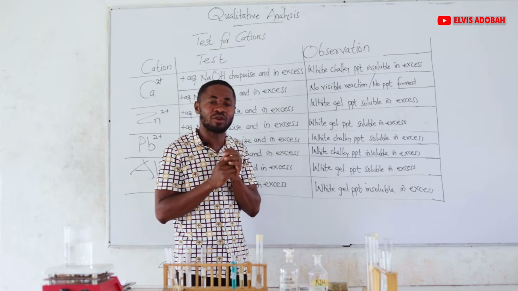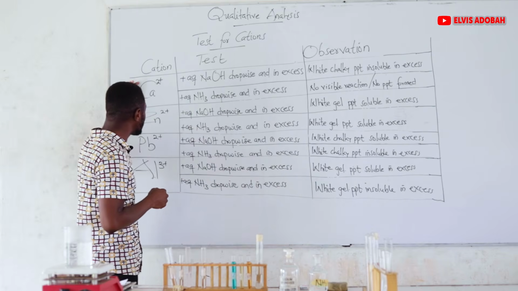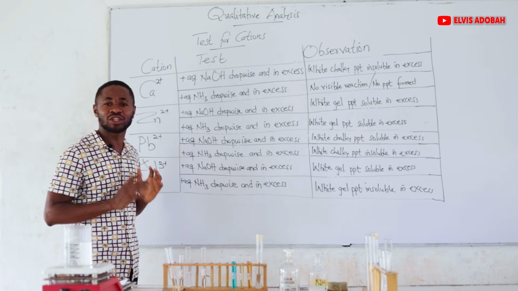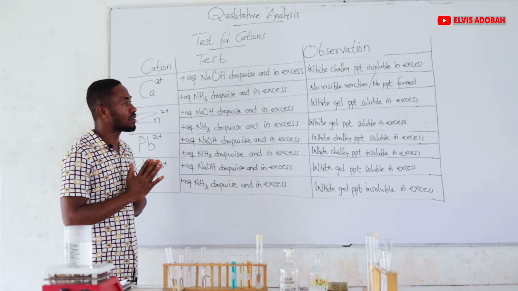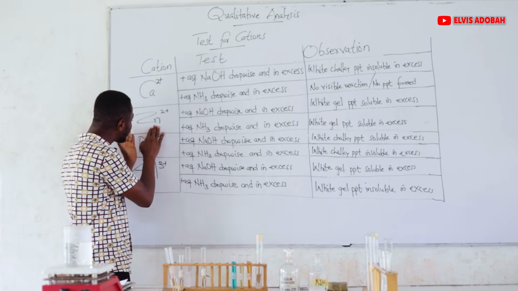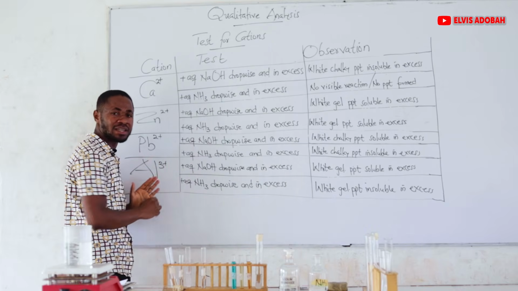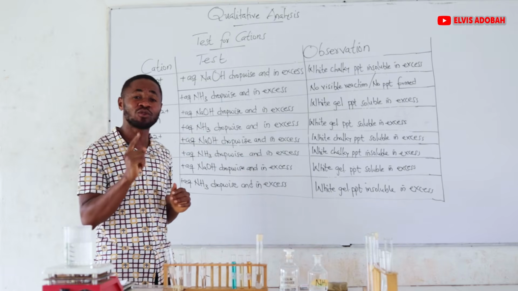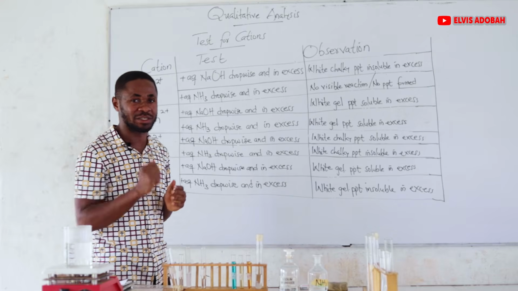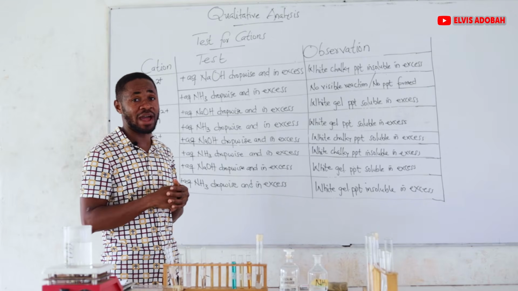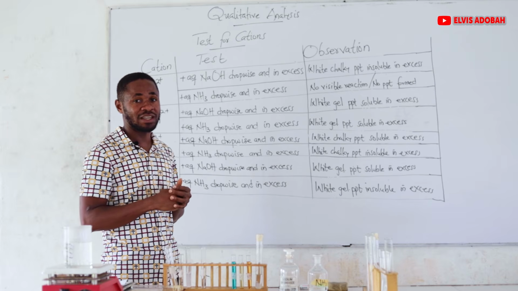So always to memorize, calcium ions and lead-2 ions both give white chalky precipitates. But there is a difference. Note the difference. Then Zn2+ and Al3+ are not going to give you chalky precipitates. They are going to give you white gelatinous precipitates. And I've shown you how to identify gelatinous precipitates.